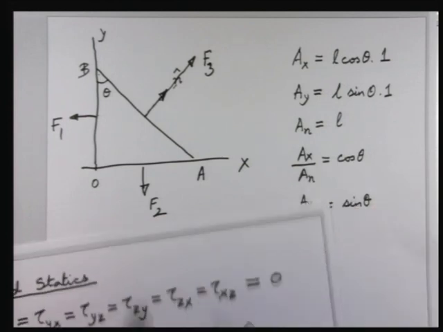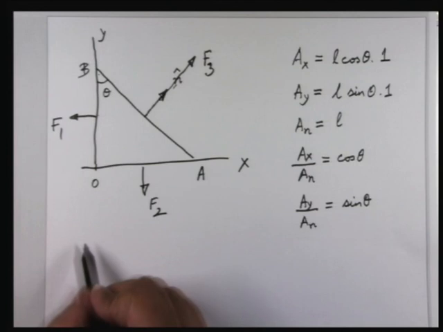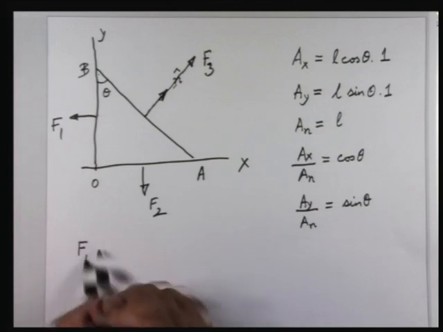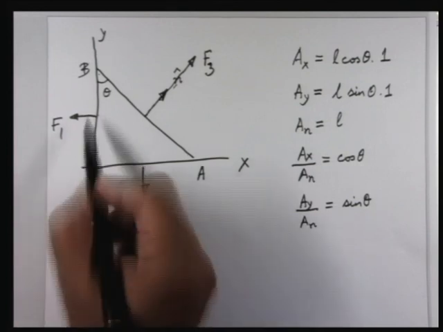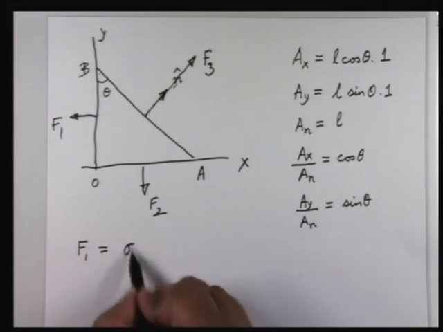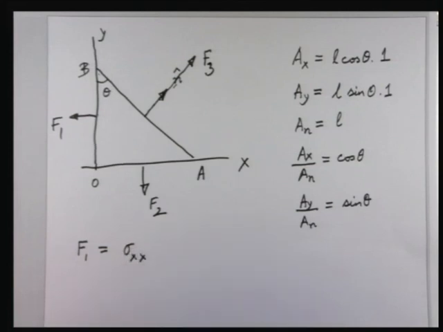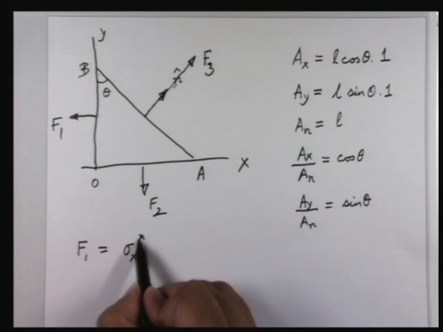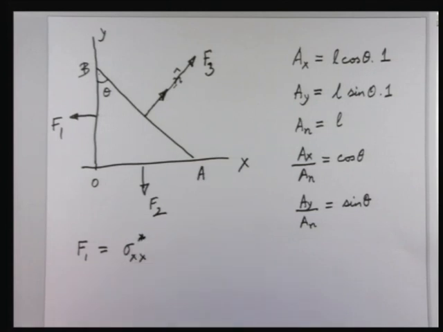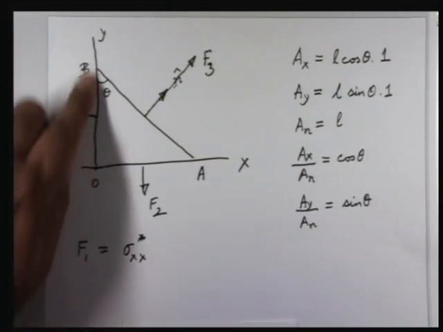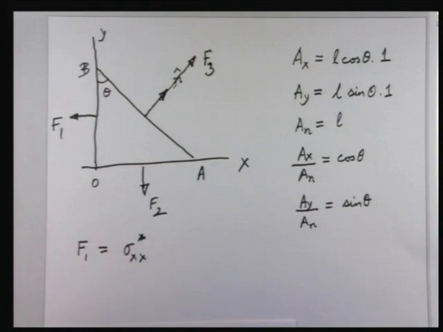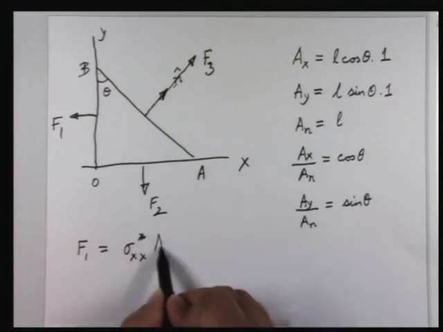Now, what is F1? F1 will be the stress here, which you can call sigma xx. I'll put a star here on top to denote that it is some average value of the normal stress on this surface OB. So it will be this into AX.